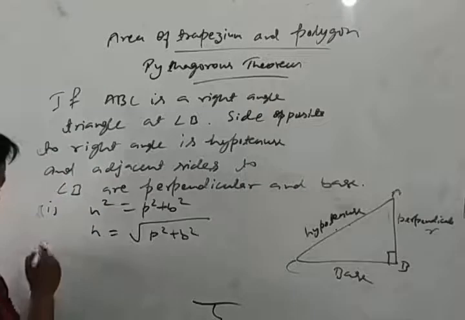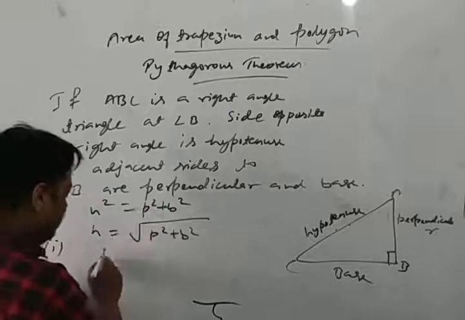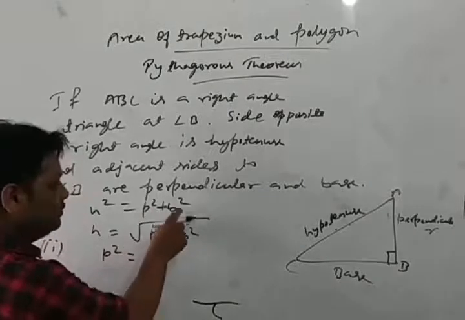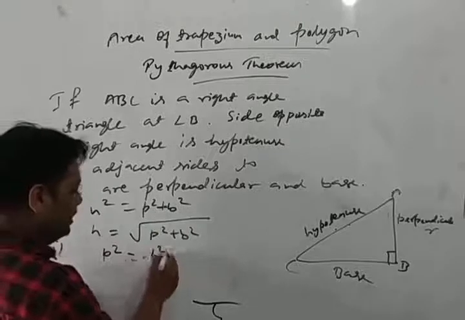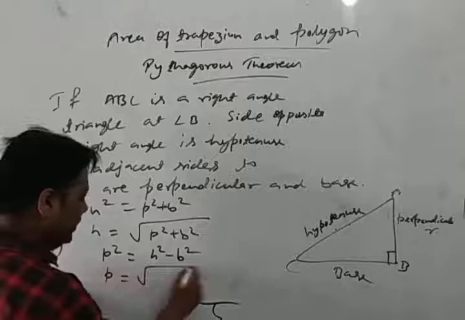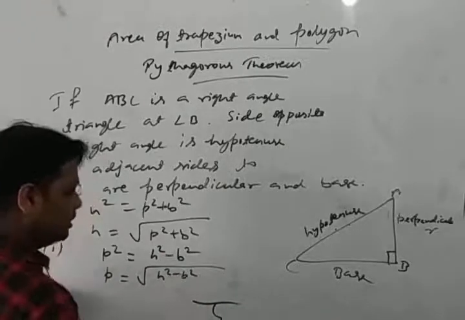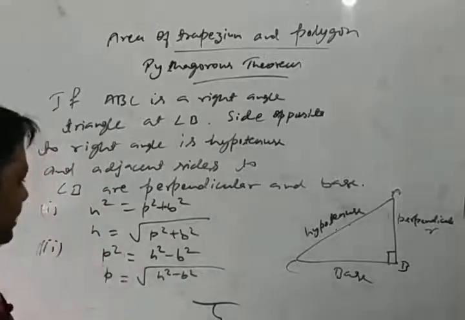If you have to find p, the perpendicular, then p square will be h square minus b square, so p is equal to under root h square minus b square. So this is the Pythagoras theorem.